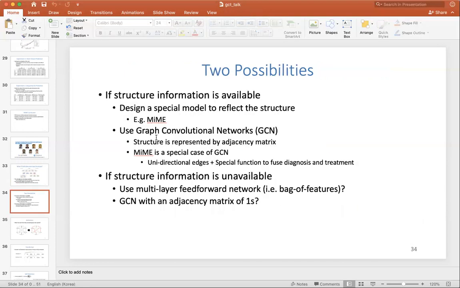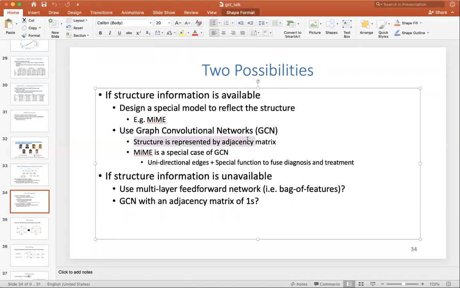So the motivation is, if structure information is available, if that red arrow is available and can be trusted, then you can design a special model to reflect the structure. To leverage that information, you can either, one, design a special model such as MIME, which I showed last time, or two, use graph convolution networks, or just some graph neural net, GNN, because structure can be represented by an adjacency matrix.